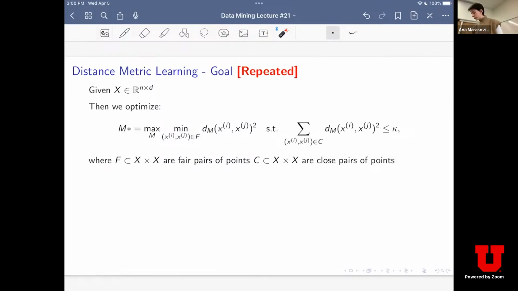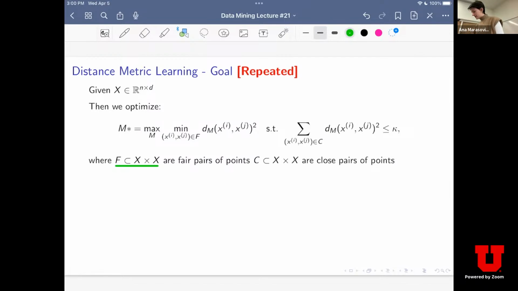So we said that we first of all define far and close points. So we define a set F to be a set of pairs of points from X that are far away from each other. This notation X times X just means you take a point from X and another point of X, and that's a way to write that you are taking pairs of points.